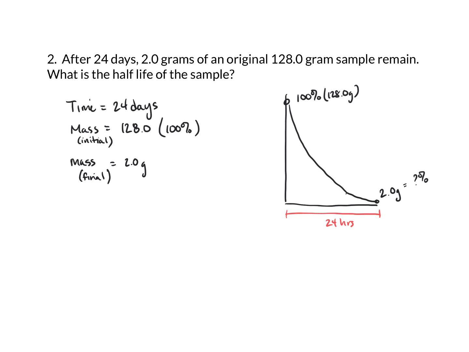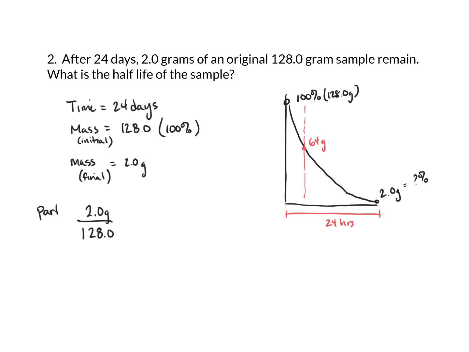Okay, now we know for a fact 128 divided by 2 is 64. So we know after that first half-life, we're sitting here at 64 grams. Now we could just cut it in half and half and half and figure it out, but that is more work than we need to do. So let's make it easier. We're going to take our final, which is 2.0 grams, divided by the total, or the part divided by whole.